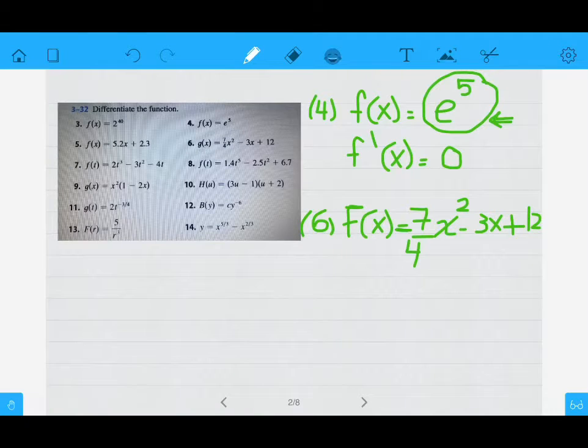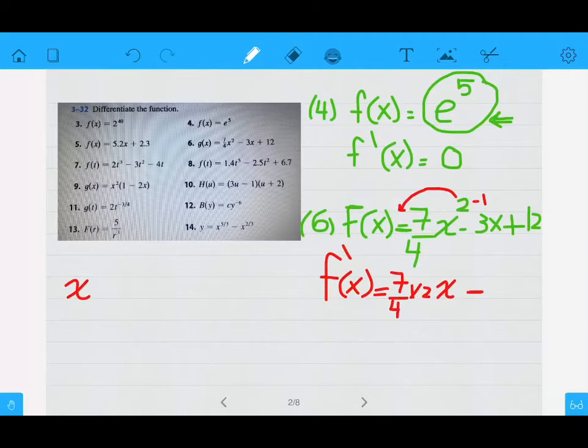How can you solve this one? We write f prime x equals. Here we have 2. We subtract 1 from it. I will say 2, put it down, multiply, then subtract 1. Now 7/4 times 2x to the power 1, or we can say x. Minus, here we have 1 minus 1, 0. Remember here, x to the power 1 minus 1 equals x to the power 0.